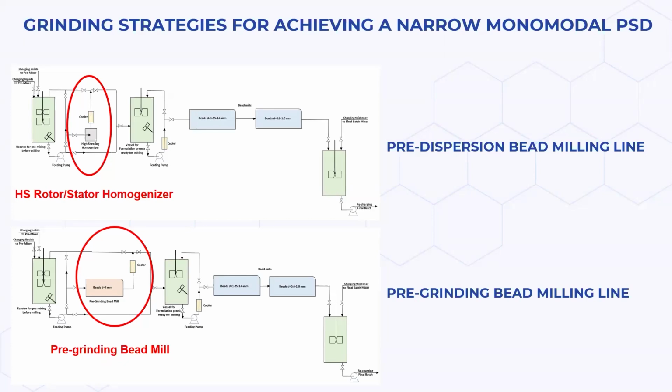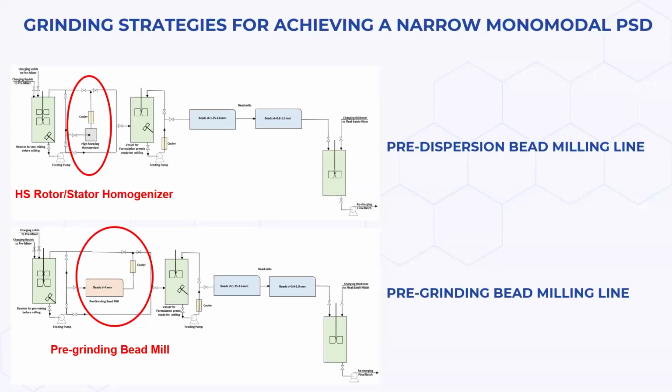To address differences in the physical properties of active ingredients, two key grinding methods can be applied in the SC formulation lines: the pre-dispersion scheme and the pre-grinding scheme. Each method is tailored to specific grinding strategies depending on the initial physical properties of the SC premix. On this slide, you can see the setups for both approaches.